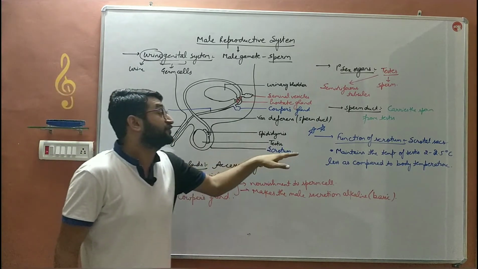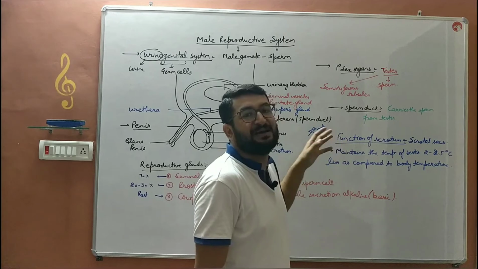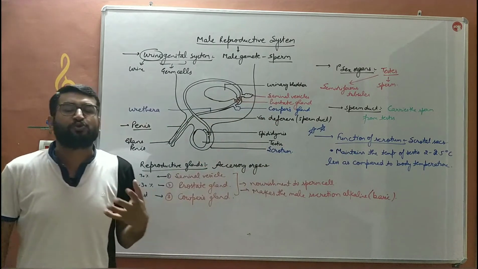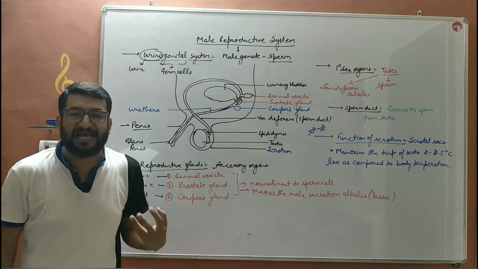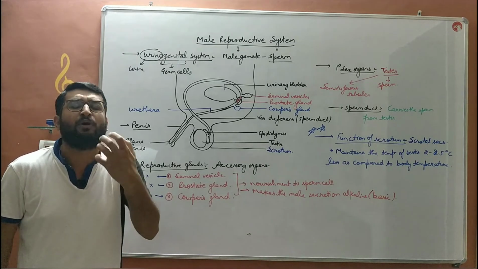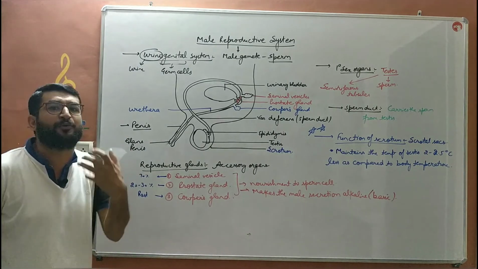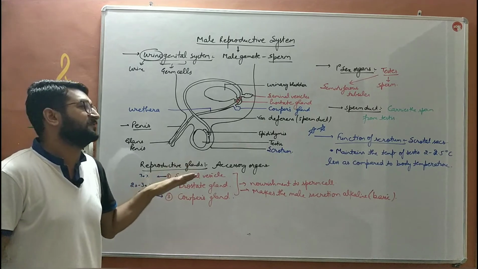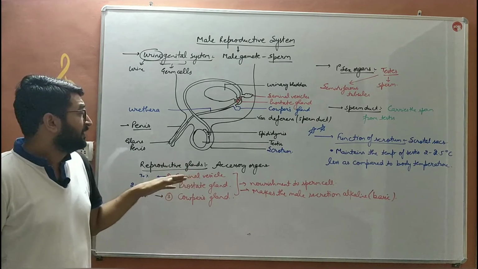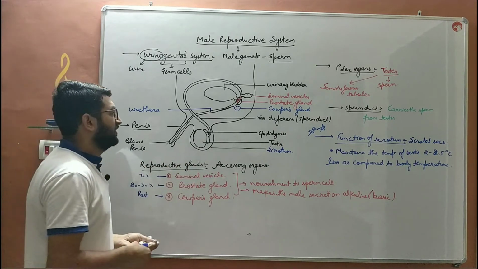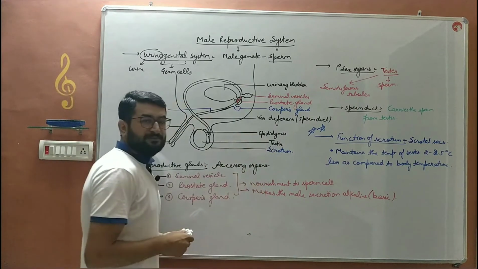So this is the function of the scrotum. It maintains the temperature of the testis 2 to 2.5 degrees less as compared to the normal body temperature for the proper production of sperm cells. A very important question for your board exam. So that is the scrotum.